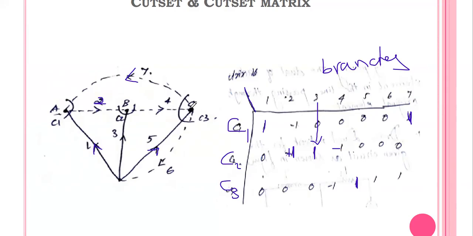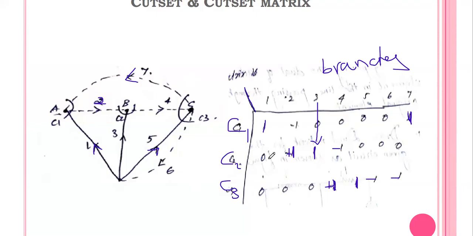The 6 direction is outgoing, 7 direction is outgoing, 4 is incoming. So for this fourth branch we have to put plus 1, here this plus 1, and sixth branch outgoing, seventh branch outgoing, so you put minus 1 and a minus 1. So this is the cut set matrix.